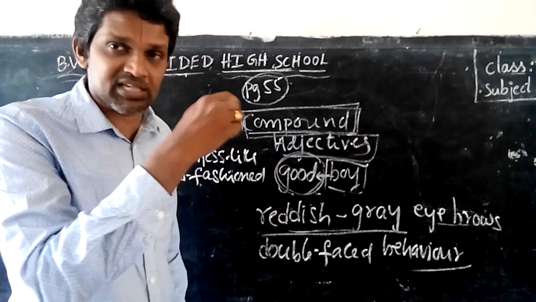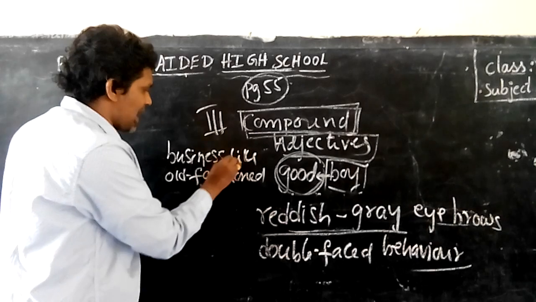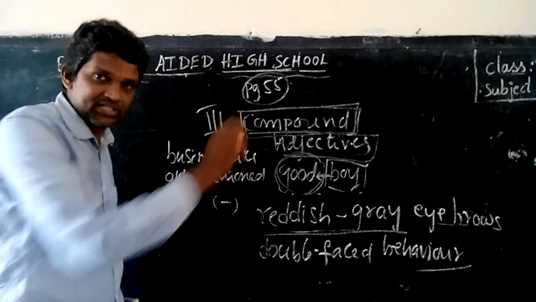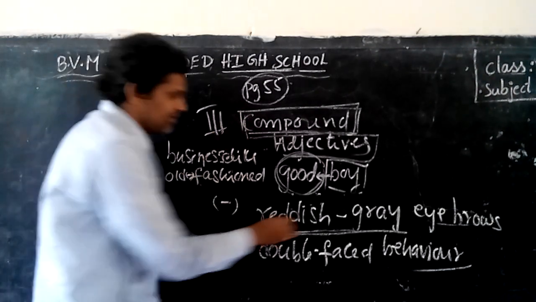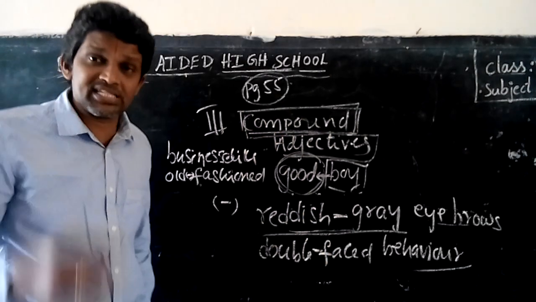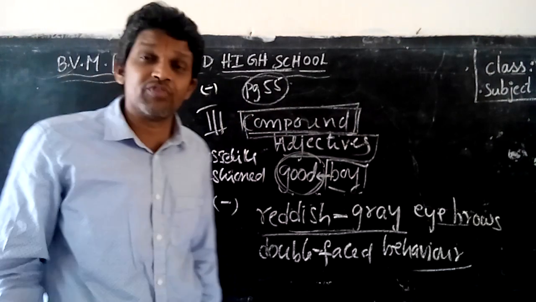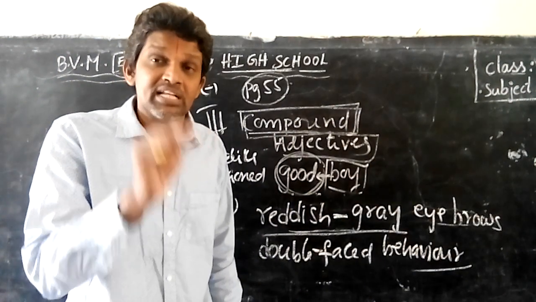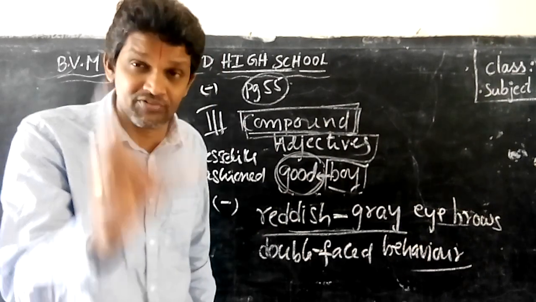So if you observe these four compound adjectives in the four sentences, you observe a common hyphen, a small dash between these two words. Right here, old-fashioned, nice one. Here, reddish grey. Here, double-faced. So what is the importance of placing this small dash or hyphen between these two words? If you put a small hyphen between these two words, they are considered as a single word.